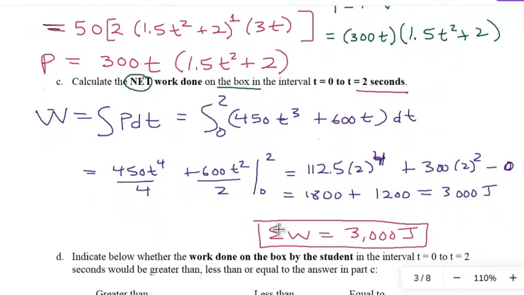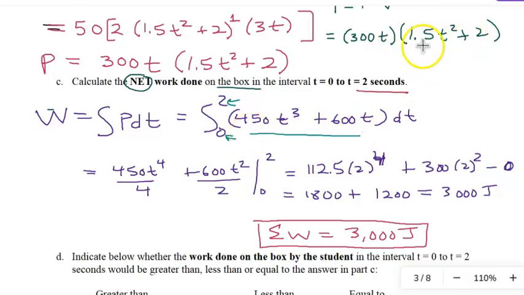Okay, if you don't know integration yet, you can ignore this, but another way to do this is to say the work is the integral of power with respect to time, right? Because power is the derivative, so work is the antiderivative. And we're going to integrate from 0 to 2 of our power.